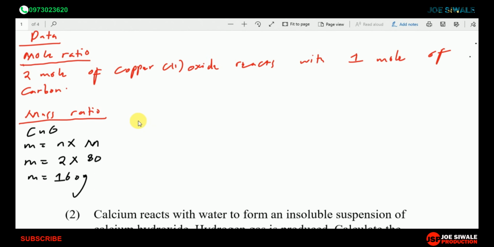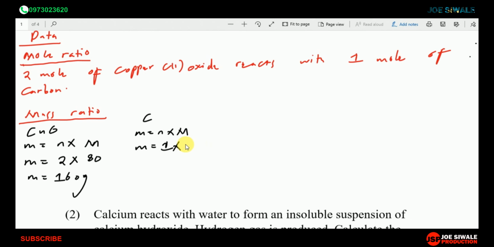Then let us find that of carbon. So carbon, we're going to say mass is equal to number of moles multiplied by the molar mass. We know that we have 1 mole of carbon, so we'll say 1 multiplied by the molar mass. If you check the mass number on the periodic table, carbon is 12.